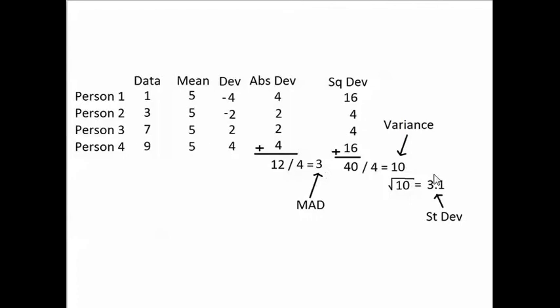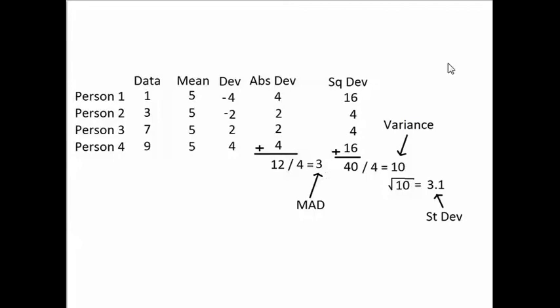Also, even though the MAD and standard deviation are both easy to interpret, the standard deviation has certain advantages over the MAD. For example, later on in this class, we'll talk about how if a population follows a bell-shaped curve, which is called a normal distribution in statistics, it's possible to calculate how many people fall within one standard deviation of the mean, or within two standard deviations of the mean.